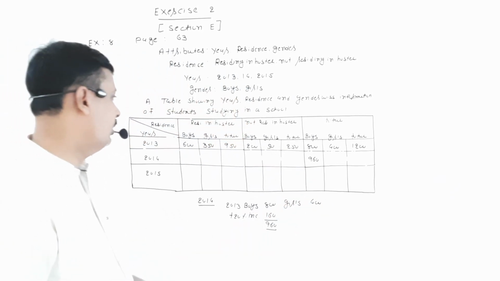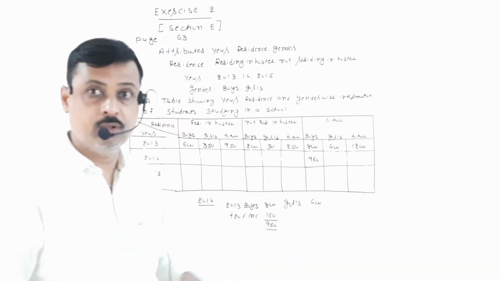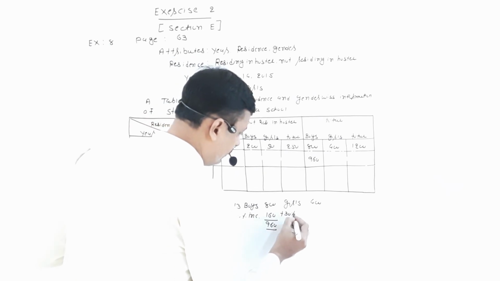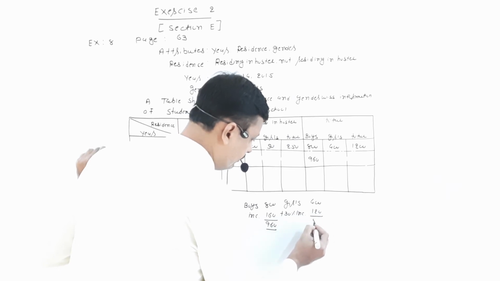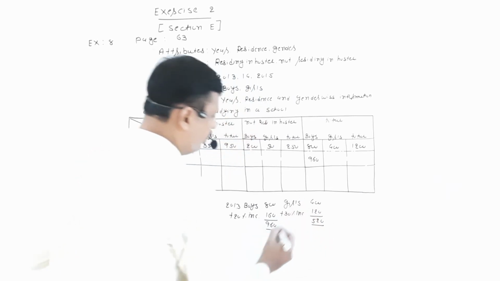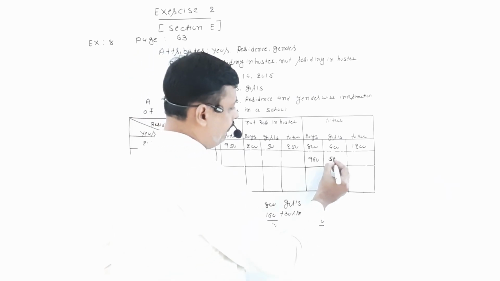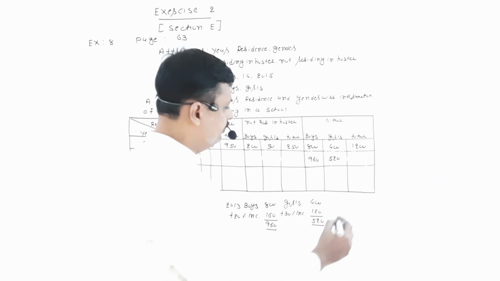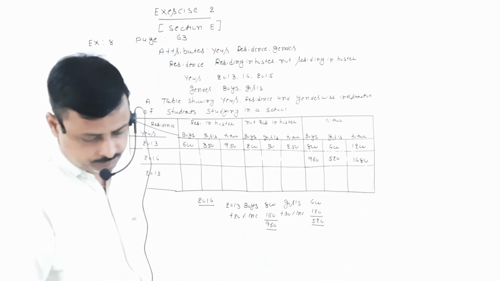So 2013 के अंदर 400 गर्ल्स है, उसमें 30% इंक्रीज तो ऐड करना है आपको 30%. तो 520. अब 960 और 520 का टोटल कर दो तो 1480 हो जाएगा.